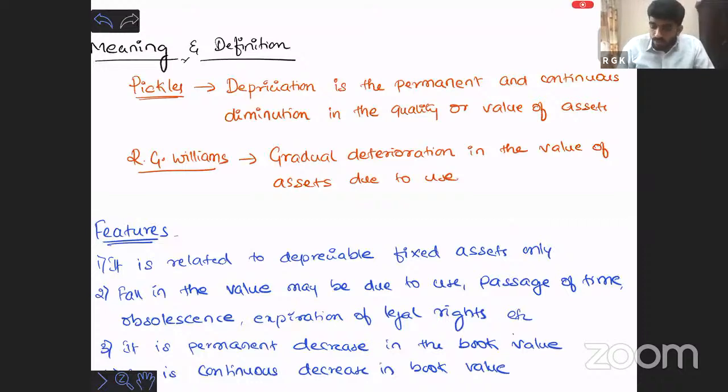Since you are in degree now, you should start the habit of running notes. That is one thing you need to take care of.